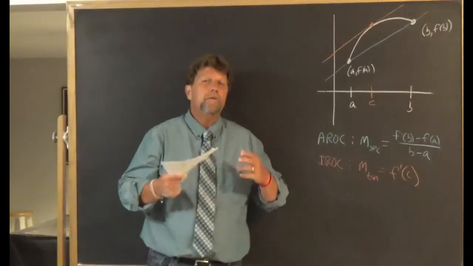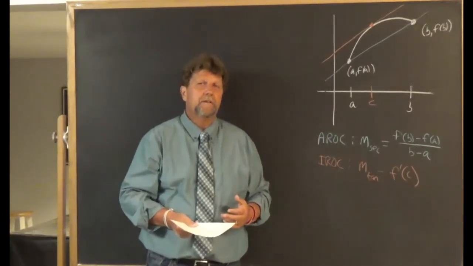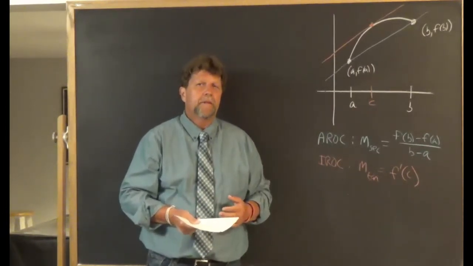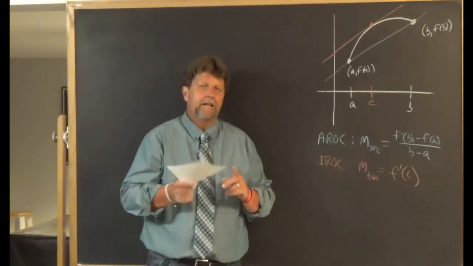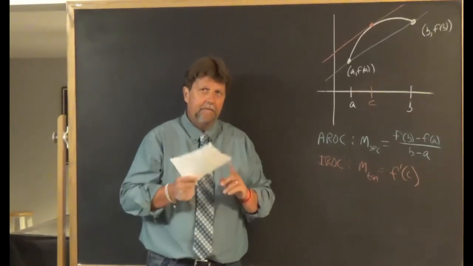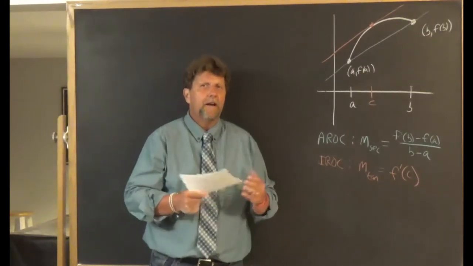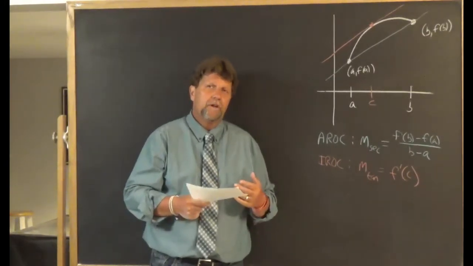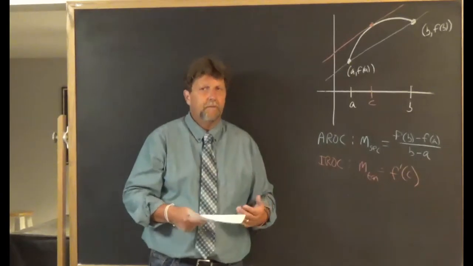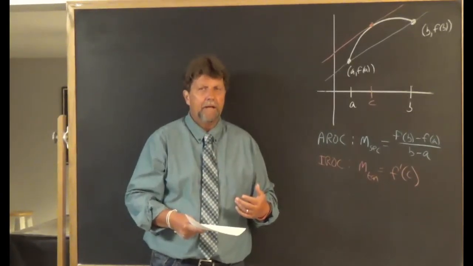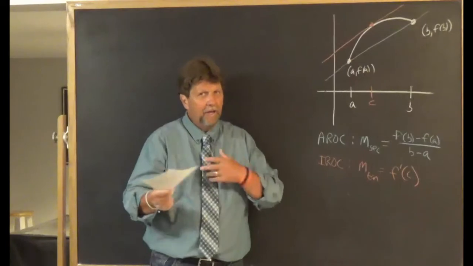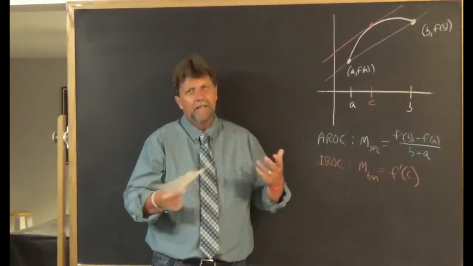So now, what do you know about parallel lines? That's right, parallel lines have the same slope. So this is the foundation for our next theorem, which is called the mean value theorem. And I'm going to say more about it when we get back to the slides.